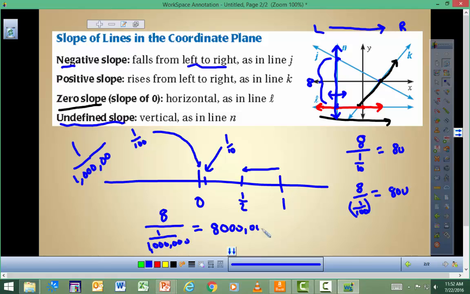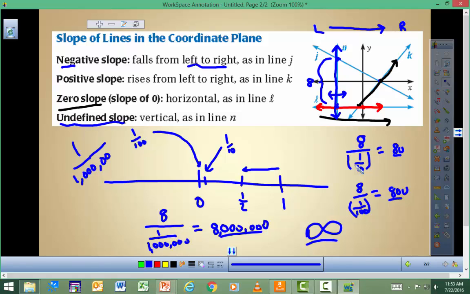Okay, so if you could just imagine this, the closer we get to 0, the ratio of 8 divided by some number that's getting closer and closer to 0, these numbers are getting larger and larger and larger. And so what we say is that that number is getting so big, we say that it's going to infinity. The number is undefined.